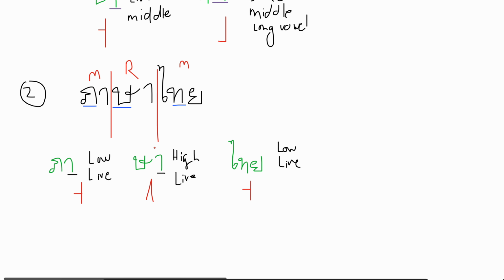Another example I want to put here is Pasha Thai, which means the Thai language. So first off, you split it up first, and then you refer to what class each consonant is. So the consonant is low.